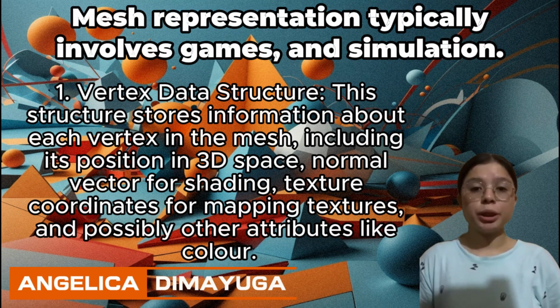First, vertex data structure. This structure stores information about each vertex in the mesh, including its position in 3D space, normal vector for shading, texture coordinates for mapping texture, and possibly other attributes like color.